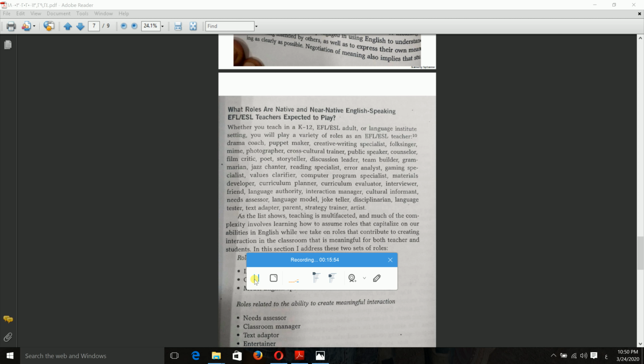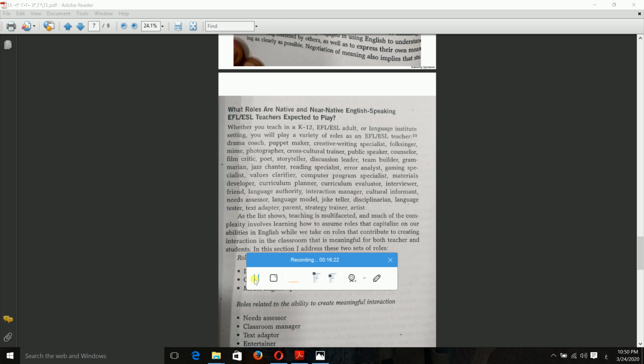Roles related to the ability to create meaningful interaction. Needs assessor, it means that he should know very well what the students need, what the student lacks and what the student requires, in the mind and awareness of the teacher. Classroom manager: he must control the class, with successful classroom management.